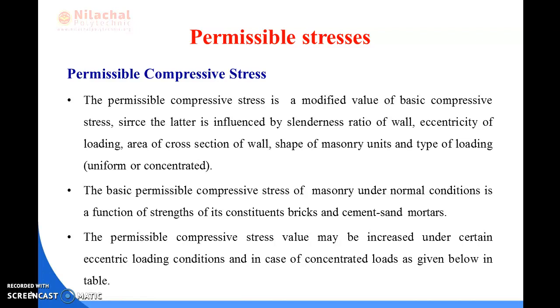The basic permissible compressive stress of masonry under normal conditions is a function of strengths of its constituents, bricks and cement sand mortars. The permissible compressive stress value may be increased under certain eccentric loading conditions and in case of concentrated loading as given below in table.